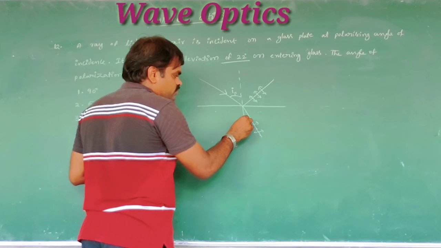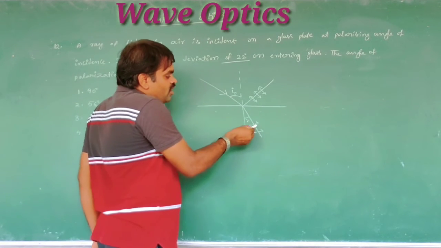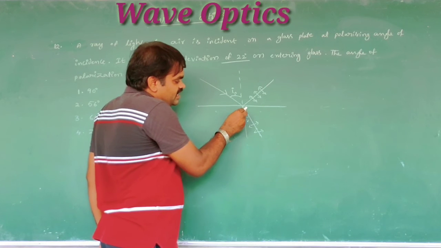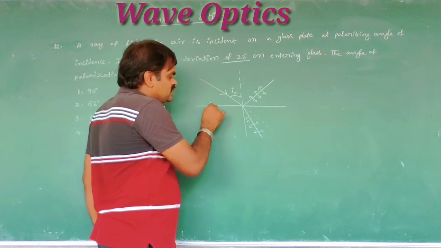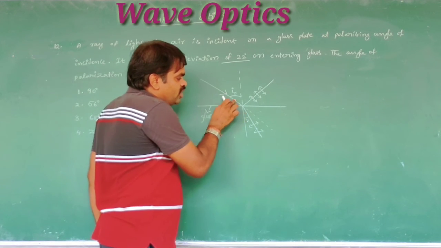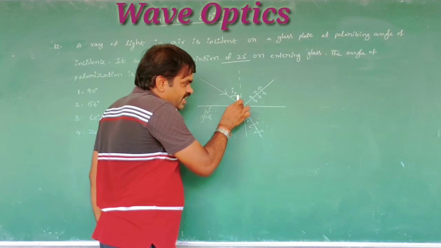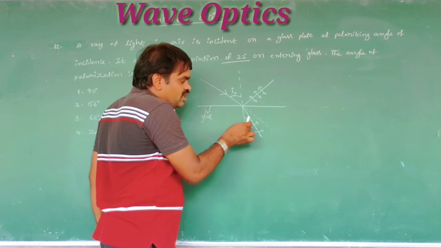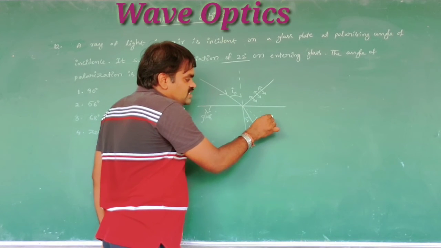Now the deviation of the refracted light: actually if there is no glass plate, the ray would go like this, but the glass plate is there. The light ray bends towards the normal, which forms the deviation, that is D.